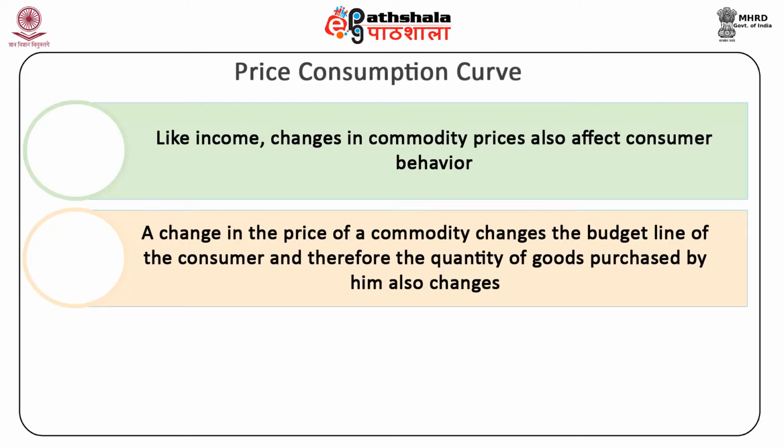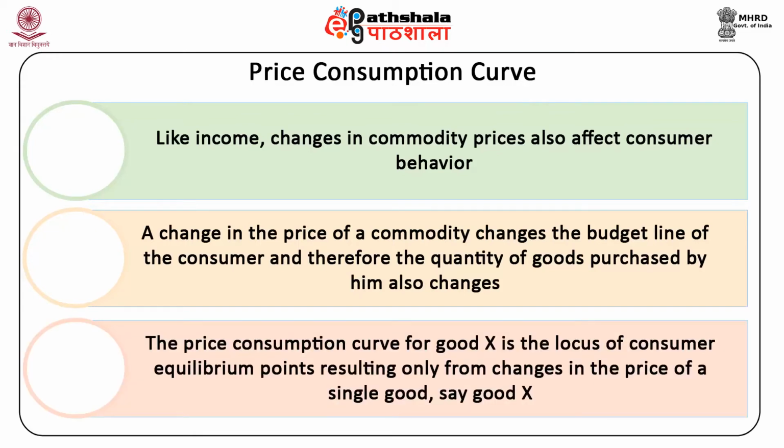We shall now explain how the consumer reaches a new equilibrium when the price of a good changes but his income, taste, and prices of other goods remain unchanged. The price consumption curve for good X is the locus of consumer equilibrium points resulting only from changes in the price of a single good, say good X.